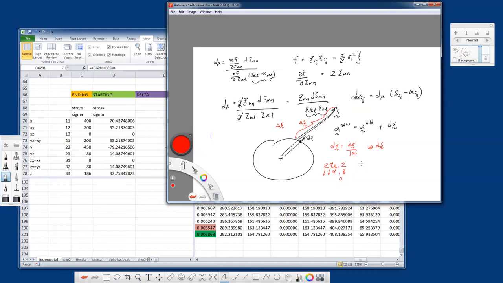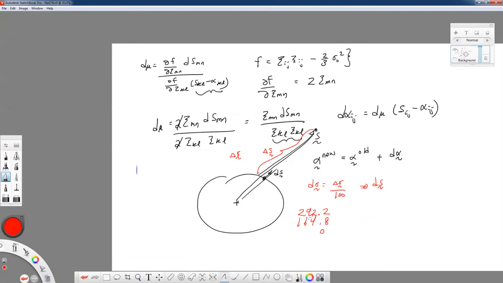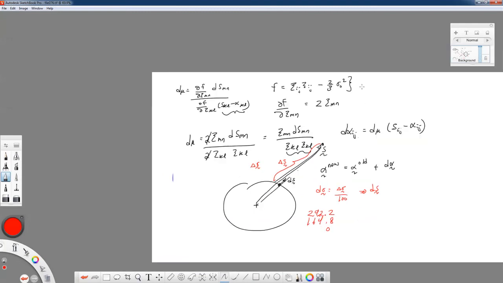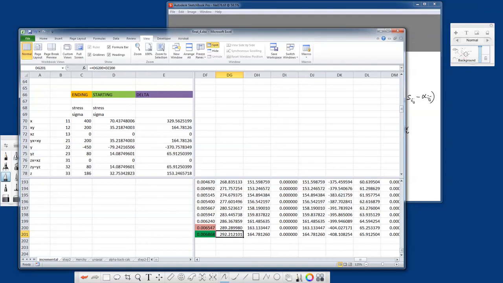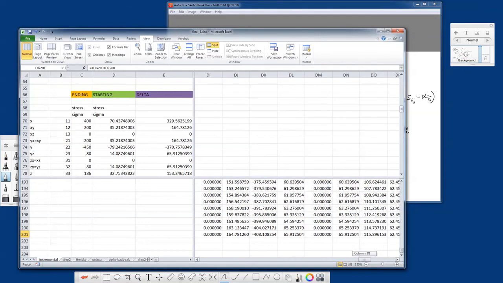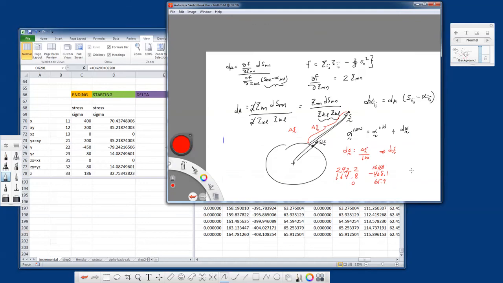I'm going to write them down this way as a vector, since maybe I can get some room here. 164.8, minus 408.1, 65.9. 0 and 65.9.